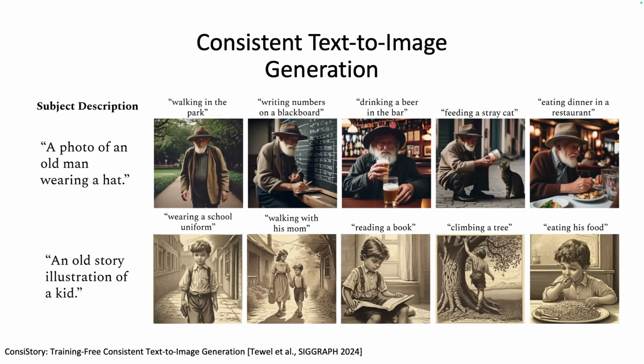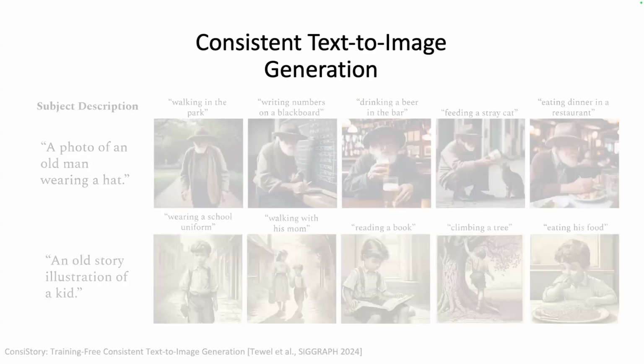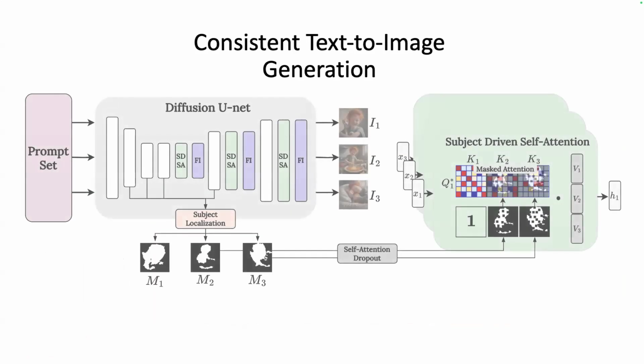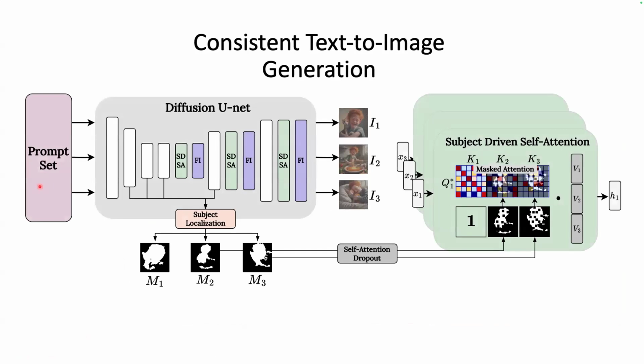And the main application of this task is storytelling. That's why it's called ConsiStory. Okay, so usually if you just take these prompts and input them into the model, you're not going to get the same character. And I'm not going to dive into all the details, but just the high-level concepts here.